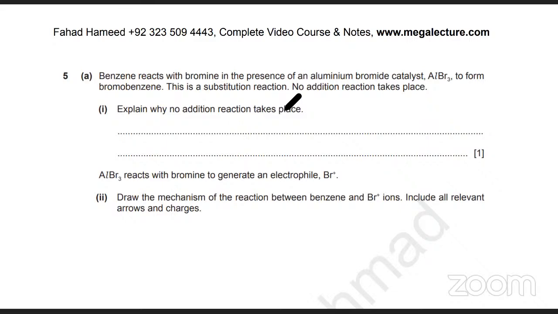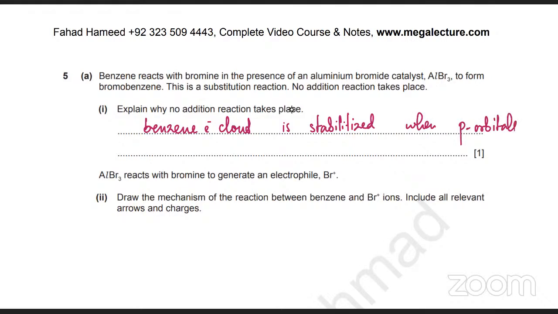Addition does not take place because the benzene structure, the benzene electron cloud, is stabilized when the p orbitals overlap.